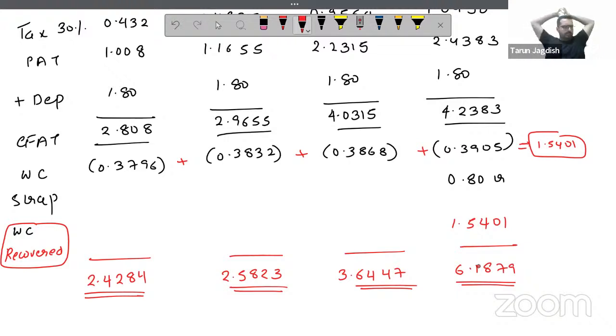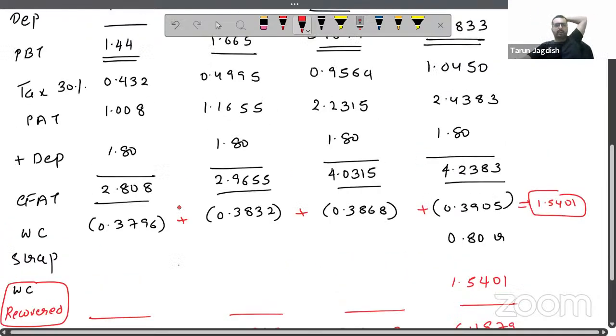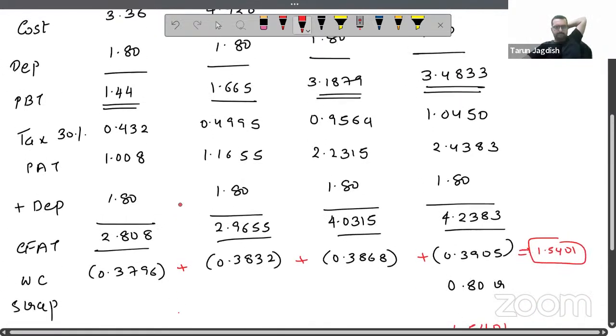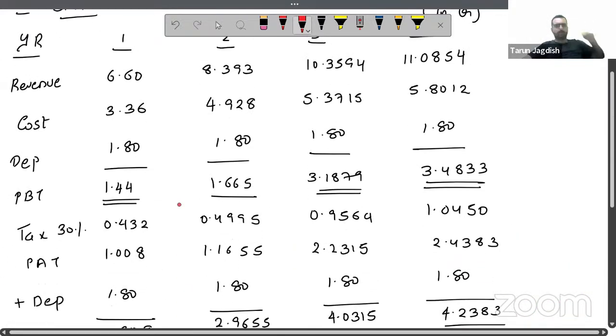And can you please understand till here first? So we have got the cash flows in Indian rupee. Beautiful working note.